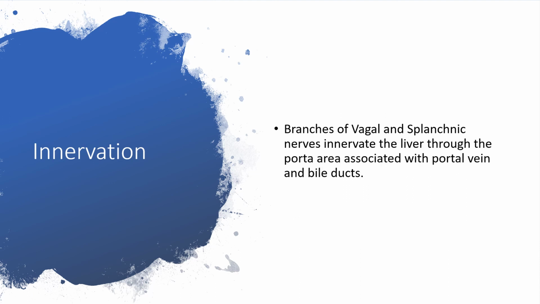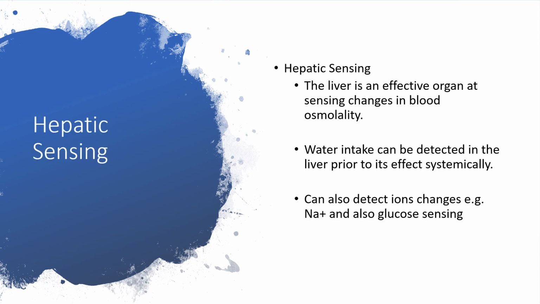Branches of vagal and splanchnic nerves will innervate the liver through the portal area associated with the portal vein and bile duct. Hepatic sensing. Only those in the medical field, the nurses, the doctors, medical students will know that the liver has the capability of sensing because it's under autonomic nervous system, peripheral nervous system control.